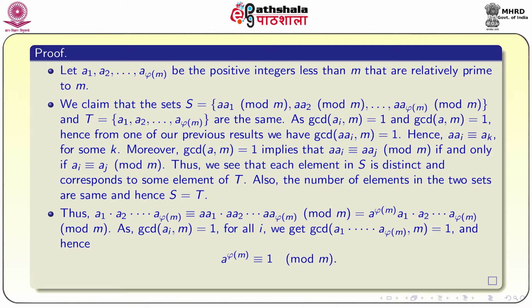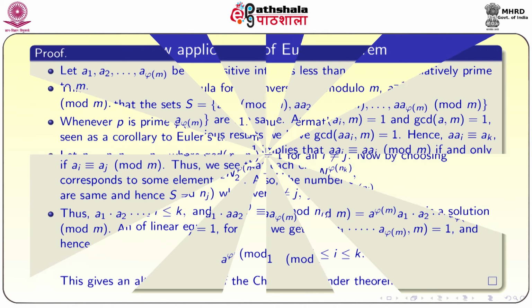That is also equal to a power phi of m into a1, a2 and so on up to a phi of m modulo m. Thus, we have a power phi of m congruent to 1 mod m, because GCD of a1 into a2 and so on up to a phi of m, comma m is also 1. So, we have this result. The proof is very easy.